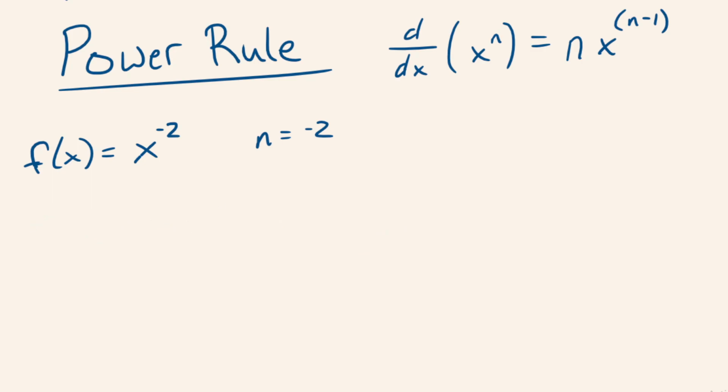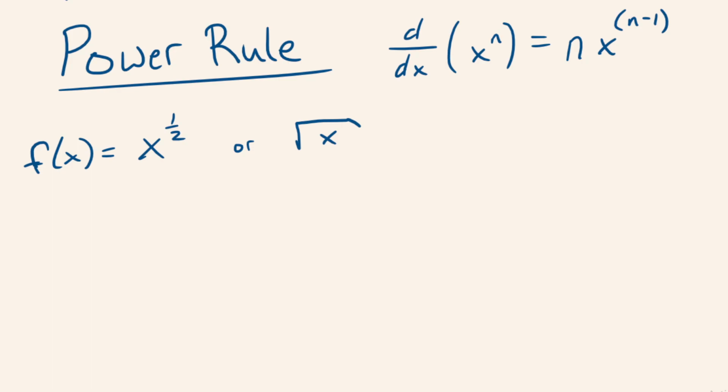Our final example is going to be a fraction for n. So we'll just do 1/2. You might see this as the square root of x. Again, this is something that you should know already.